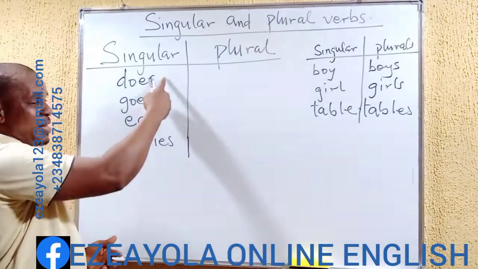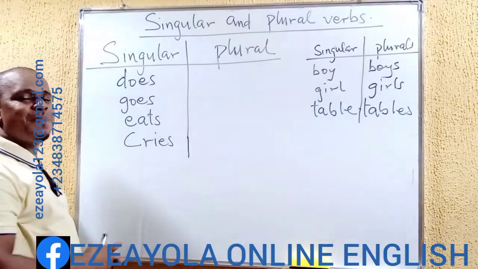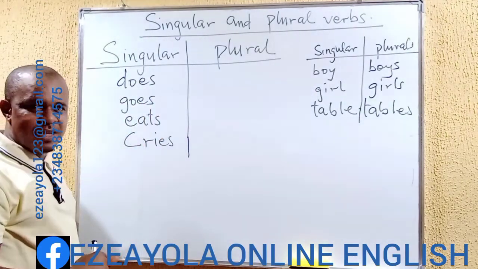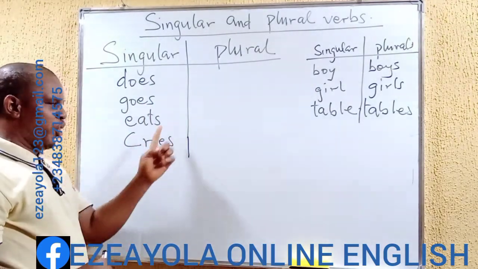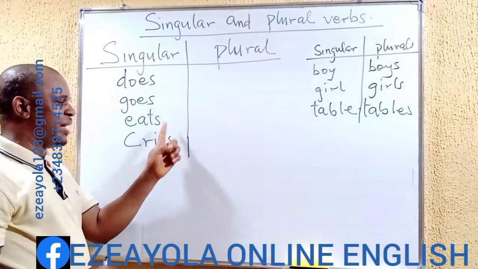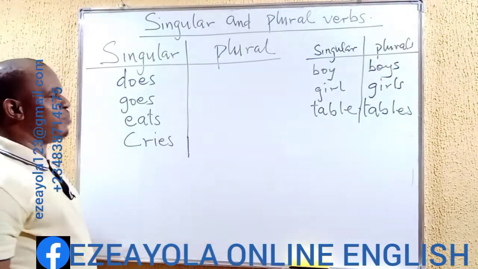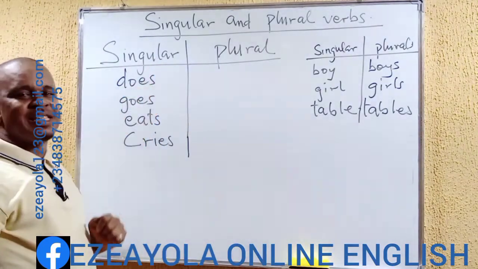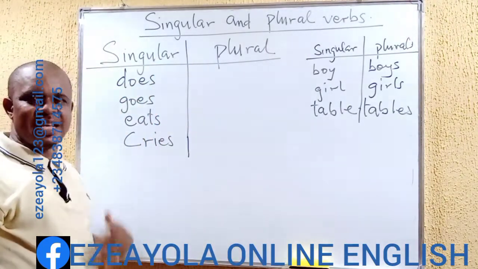Of course, they are present tense. Does is a present tense form of verb. Goes is the same present tense form of the verb. Eats is the same thing. Cries is equally the same thing. But the point is this, they are under their singular. They are written in their singular.